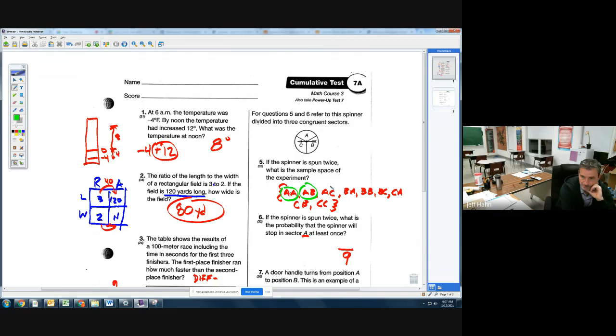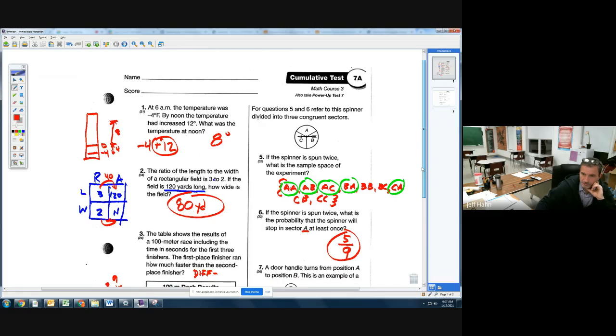At least one A, at least one A, at least an A, and at least an A. How many of them were there? There were 5. So 5 of the 9 spins had at least one A. And there is your answer for number 6.